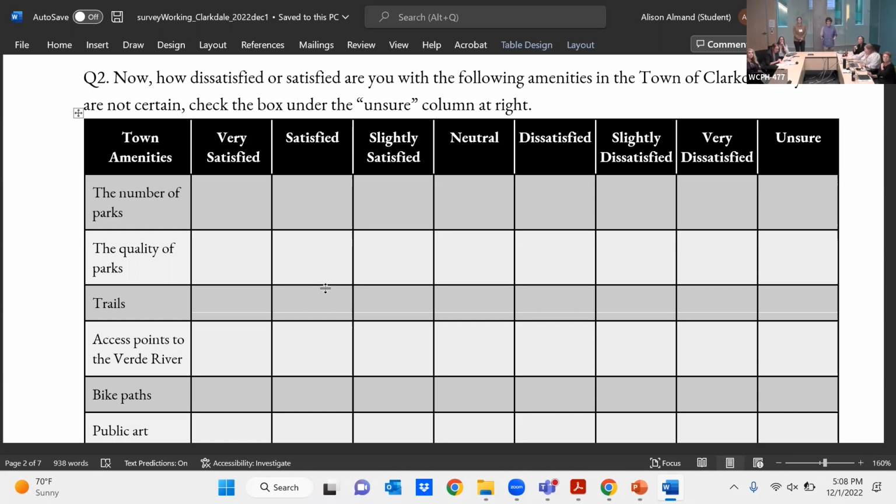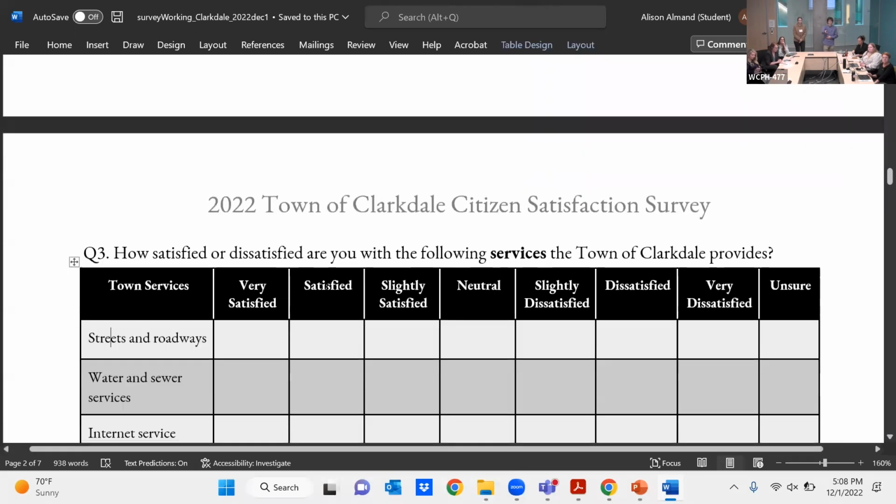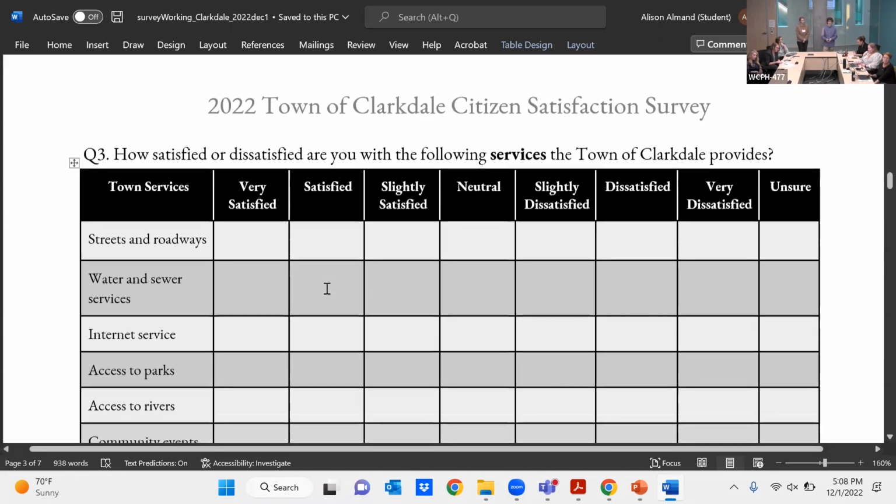Other than that, this is their chance to say whether they really like an aspect of the town, or if they think it needs improvements. The first few question stems are about the town of Clarkdale as a whole, and later in the questionnaire there are questions more specific to a person's neighborhood.